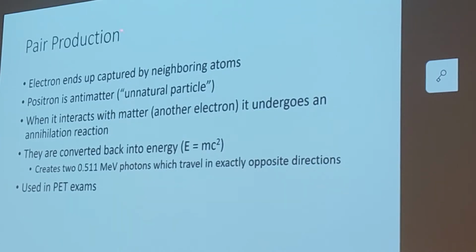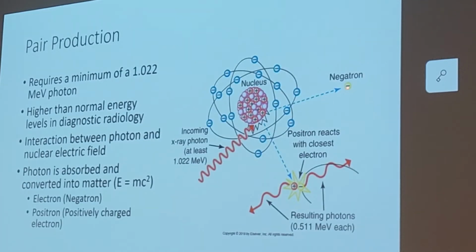So electrons end up captured by neighboring atoms. What it's saying is that whenever this gets shot out, it is sometimes going to hit another atom to create another interaction. Depending on where it hits, it can be any of the three: classical, pair production, or Compton. Any of those three?